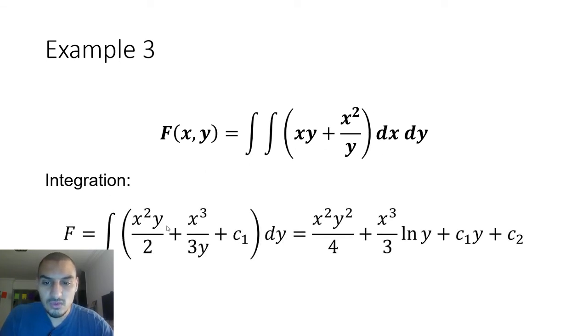So what we would do is getting this x power 2 divided by 2 multiplied by y, it's like a constant, and this is x power 3 divided by 3y plus c, and then do the second integral with respect to y, and the same thing, we would consider x as a constant and then do the integration with respect to y, and this is what we will end up with after doing the integration.